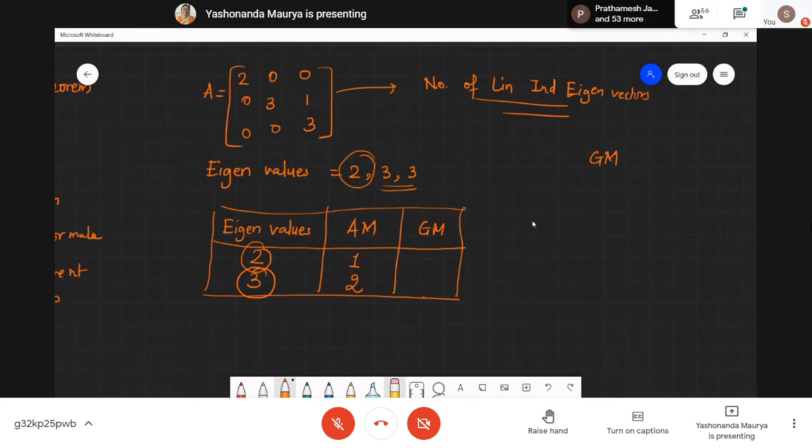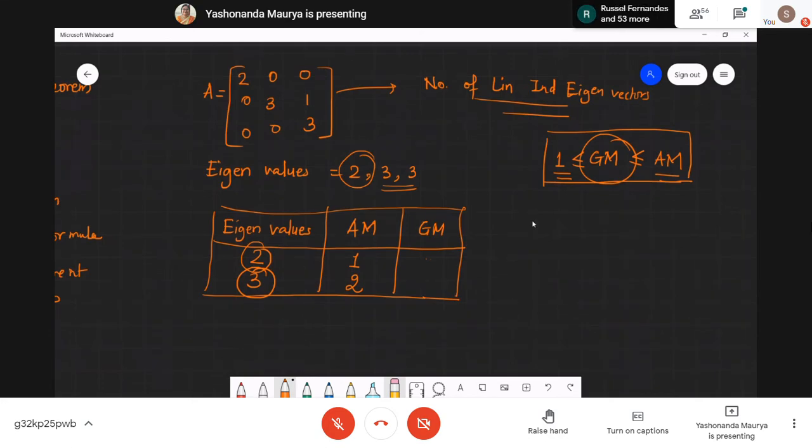The minimum value of geometric multiplicity is always 1, and it will be always less than or equal to algebraic multiplicity. This is a very strong result that is known to us.